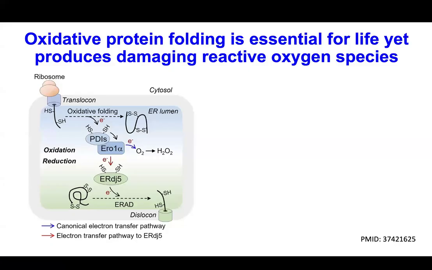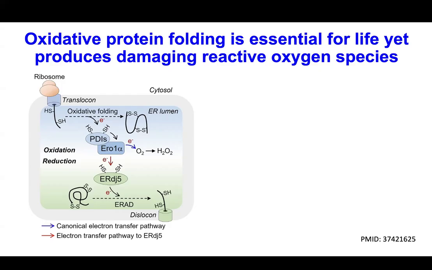So nearly all eukaryotic organisms, including human, have the organelle called the endoplasmic reticulum, and that's actually crucial for a lot of functions. One of the key functions of the ER is to enable the so-called oxidative protein folding.